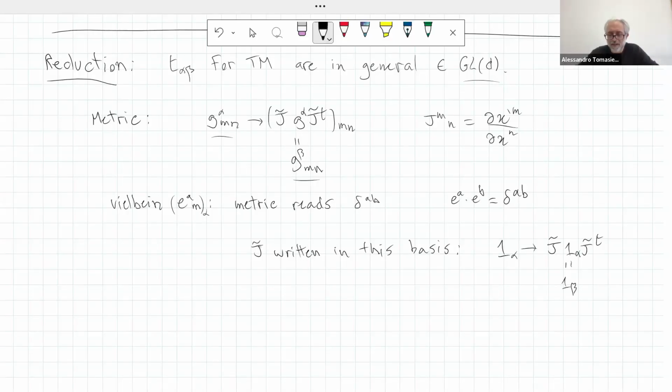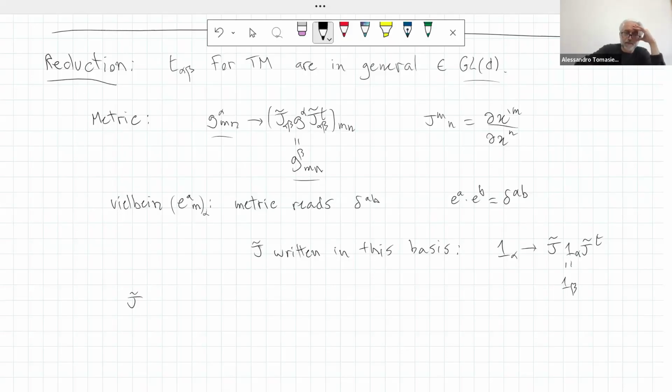It feels silly to have this alpha index here, just to emphasize that you can write this as being the identity in each open set. I can be more explicit if you like. So here we can write this J tilde as J alpha beta to emphasize that it goes from the open set alpha to the open set beta.